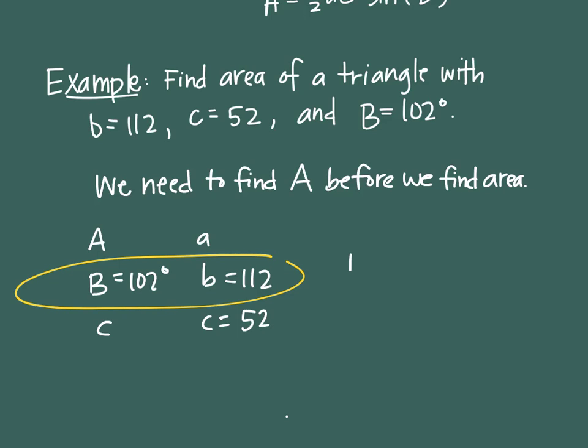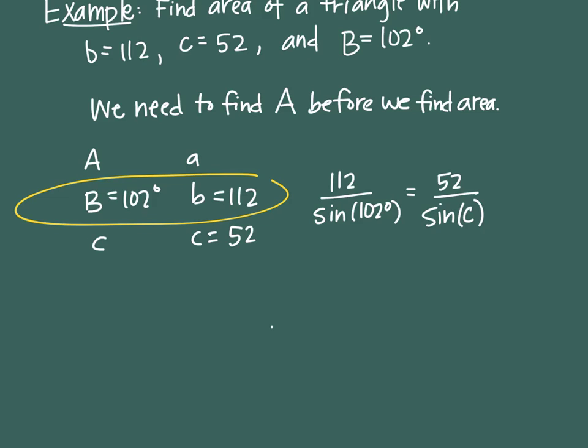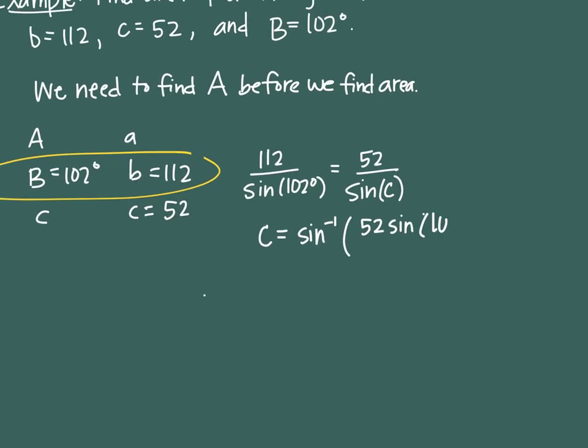So we'll set up 112 over the sine of 102 equals 52 over the sine of c. Then just like on your little open quiz you just did, you'll cross multiply and divide. So c will be the sine inverse of 52 sine 102 divided by 112.